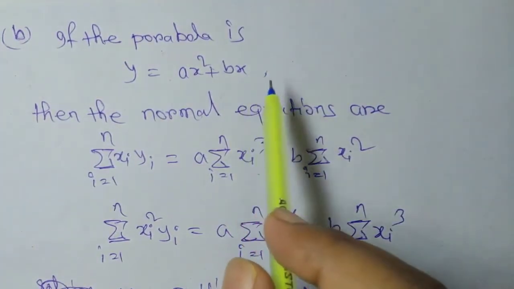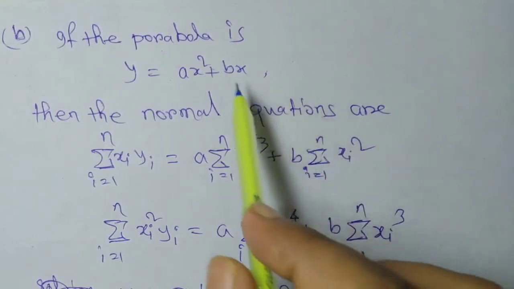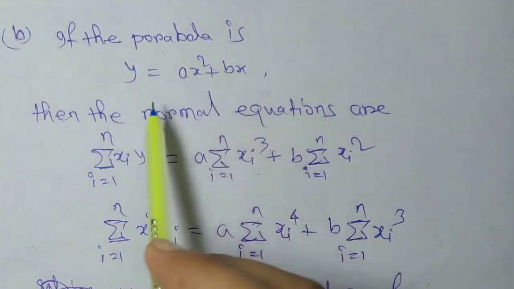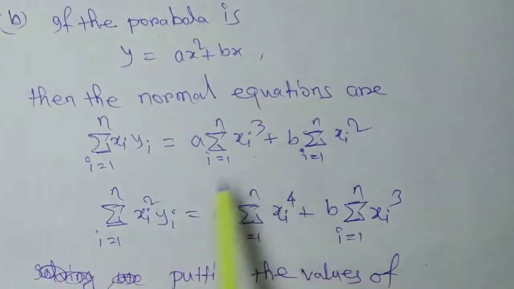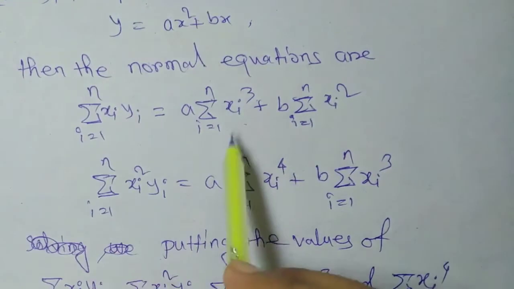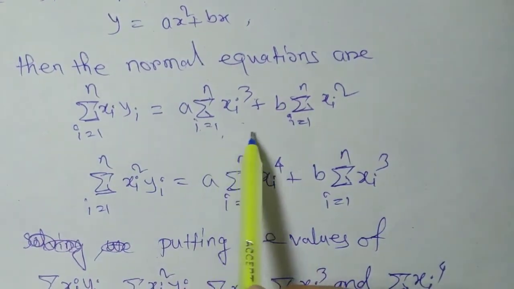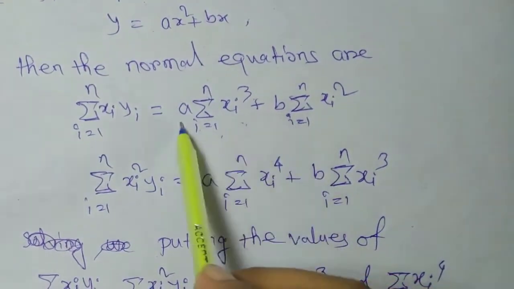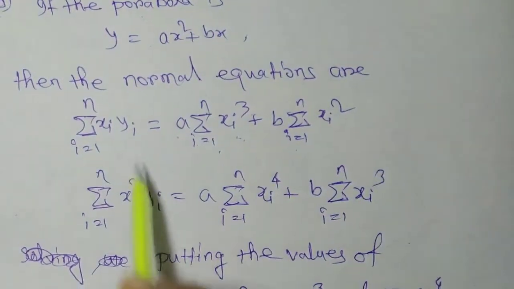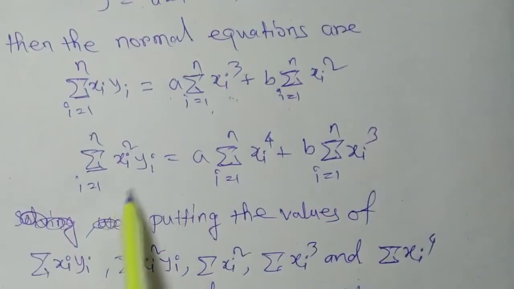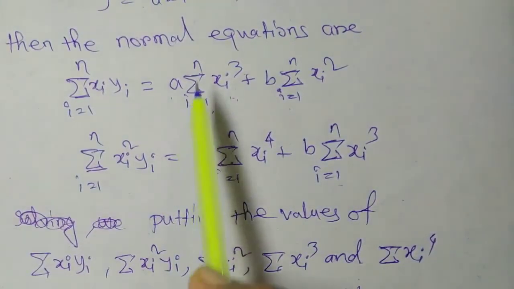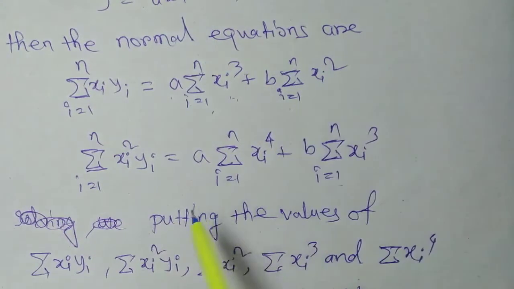For this special case I am making this video, and here the normal equations will be summation of xi yi equals a times summation of xi cube plus b times summation of xi square. Multiplying both by xi we obtain the other normal equation. The main question here is how we will obtain this.